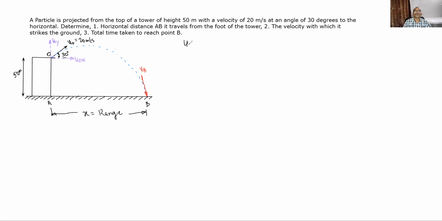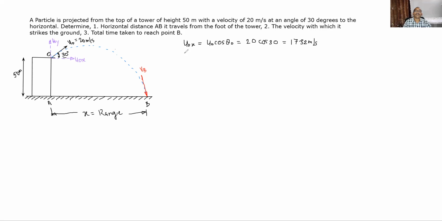For u0x, this one is u0, right, as inclination with horizontal, that means this will be u0 cos theta 0. That means this becomes 20 cos 30. Using a calculator, this u0x comes out to be 17.32 meter per second.